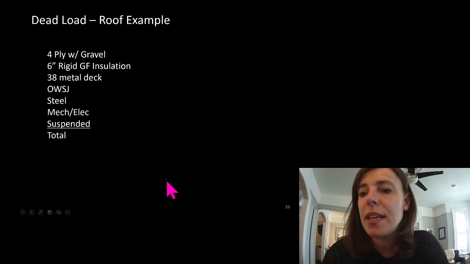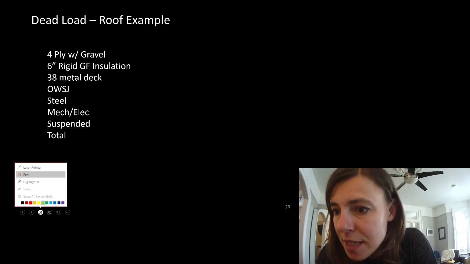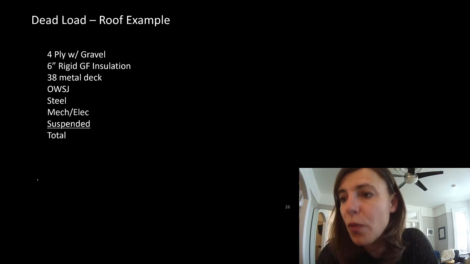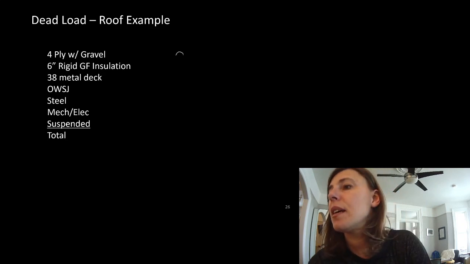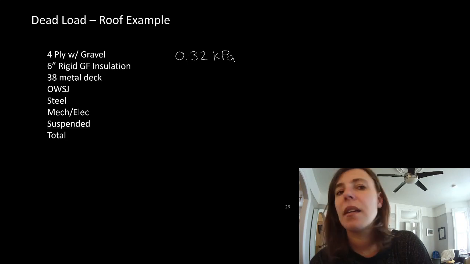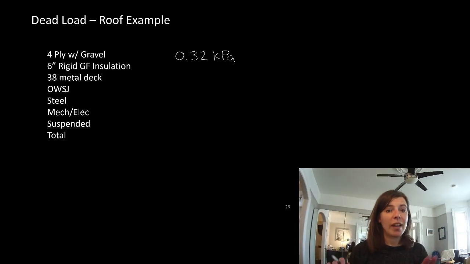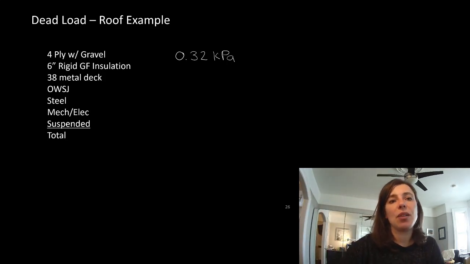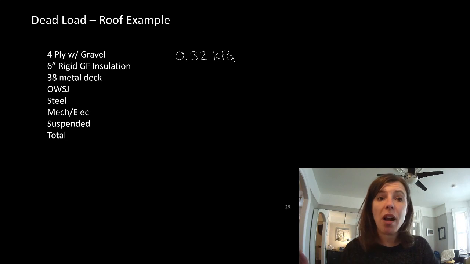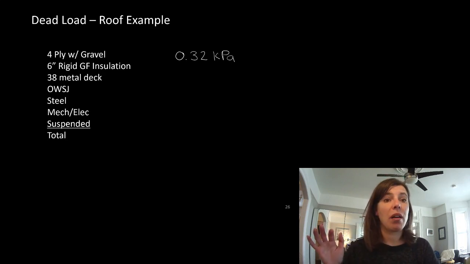Let's see if my pen works. I know for you guys it mostly looks like you get to see up my nose when I lean forward like this. All right, it's working. So 0.32 kPa. We've got our weight for our roofing.